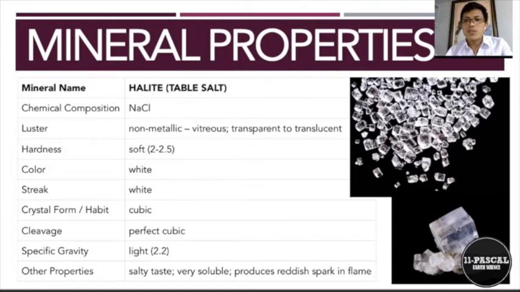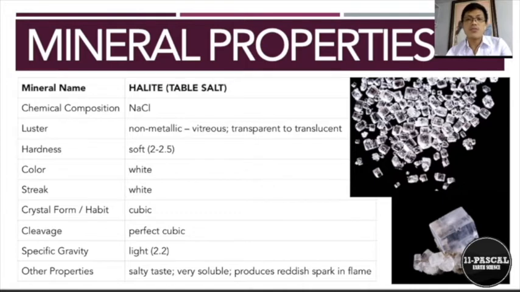The luster is non-metallic. It is vitreous or glassy in appearance, which can be transparent to translucent. Hardness, it is soft. It falls between 2 to 2.5 of the Mohs scale of hardness. Color is white. Streak is white.